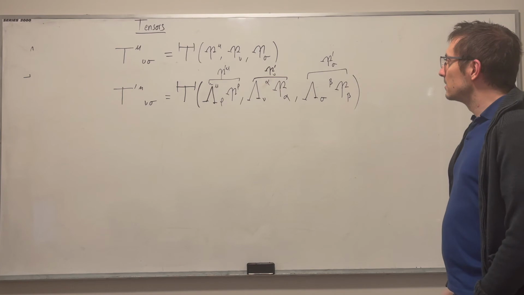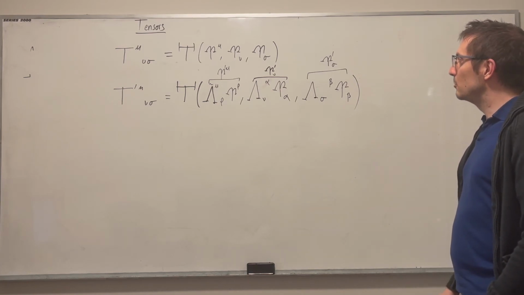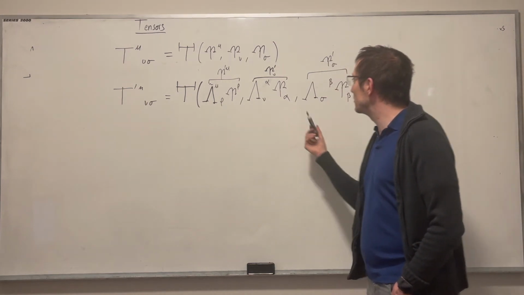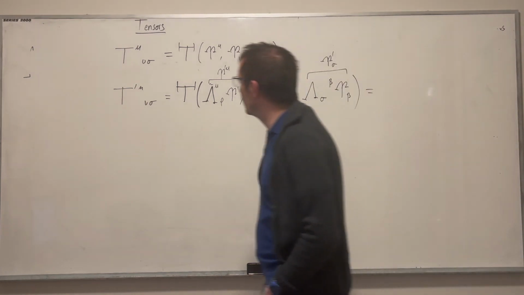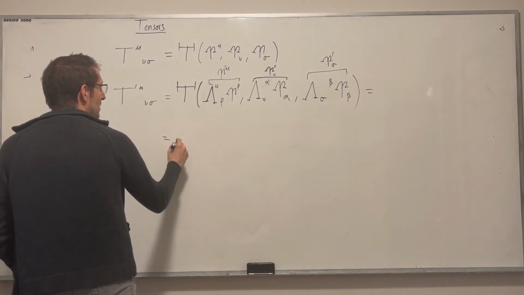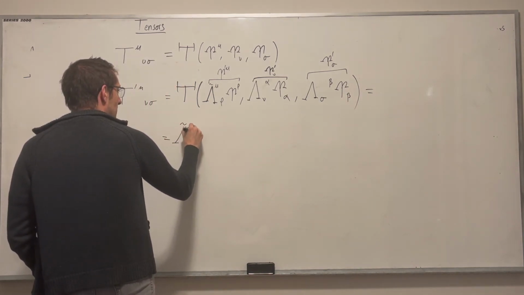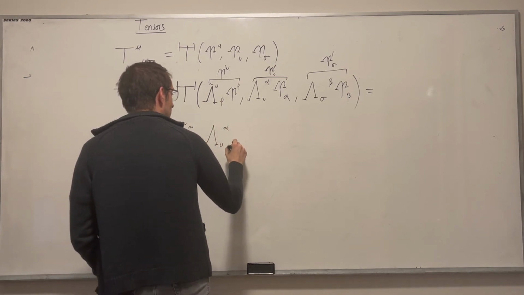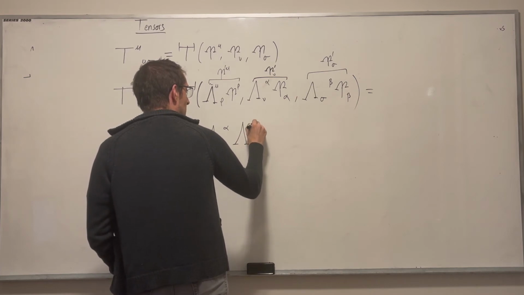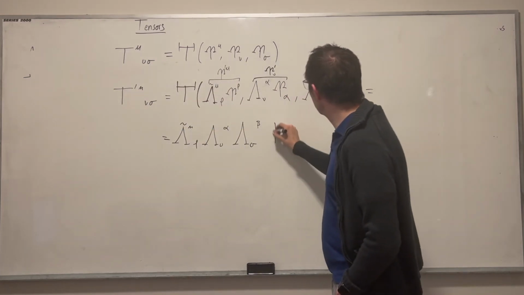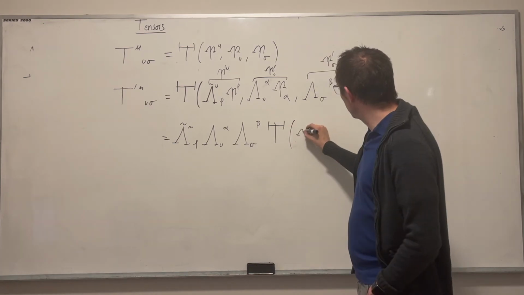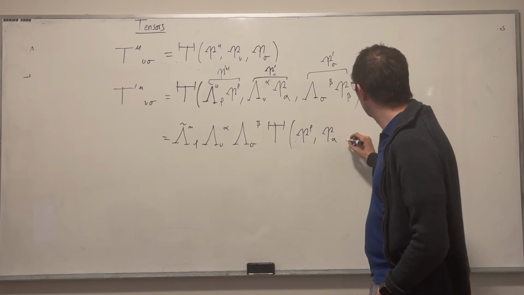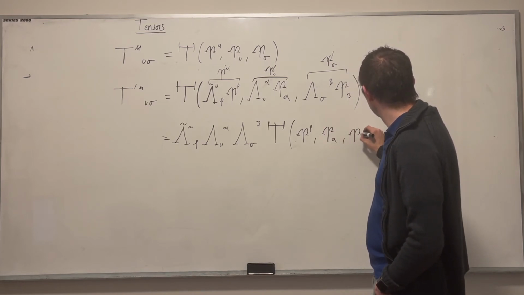All right, so this is a multilinear map. Because it's a multilinear map, I can take out all the elements that are multiplying the arguments. Wonderful. So this means that this is going to be equal to lambda tilde mu rho, and then lambda nu alpha, and then lambda sigma beta, and then T acting on epsilon rho, epsilon alpha, epsilon beta.